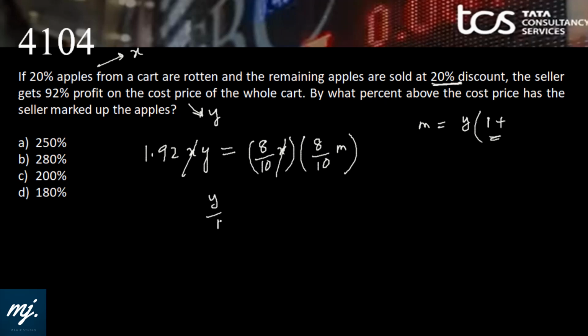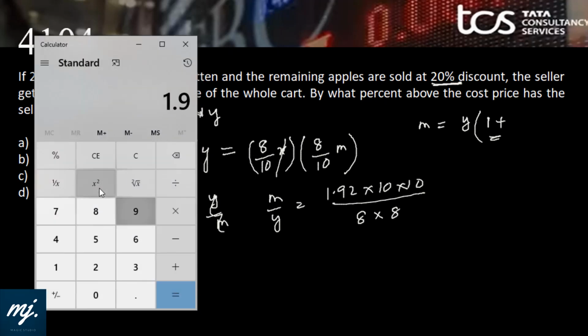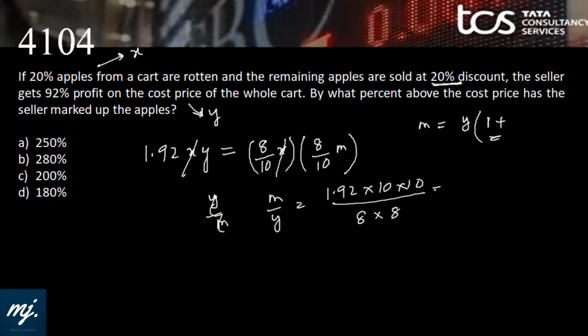So y by m, or let me find m by y. M by y is 1.92 into 10 by 8 into 10 by 8. So how much would it be? 1.92 into 100 divided by 64, that is equal to 3. So marked price is 3 times the cost price of the per apple.